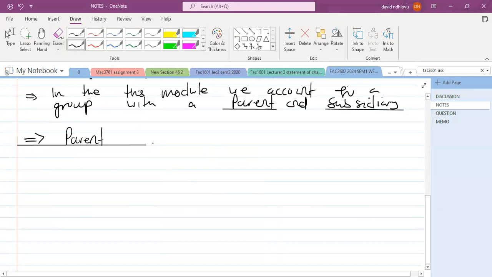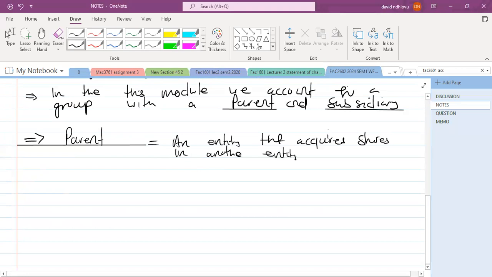A parent is an entity that acquires shares in another entity, such that it then exercises control over the other entity.